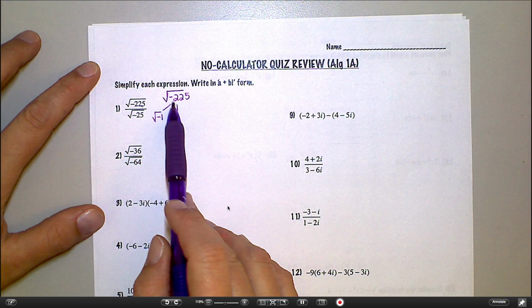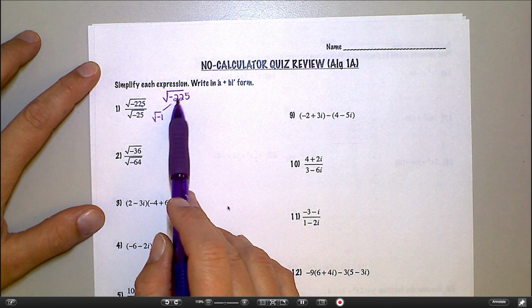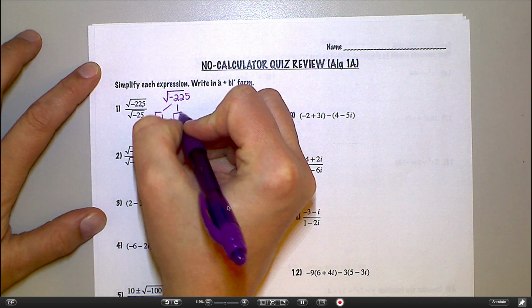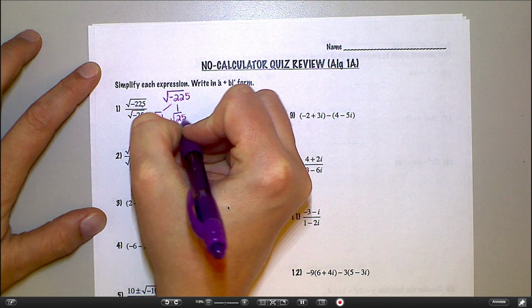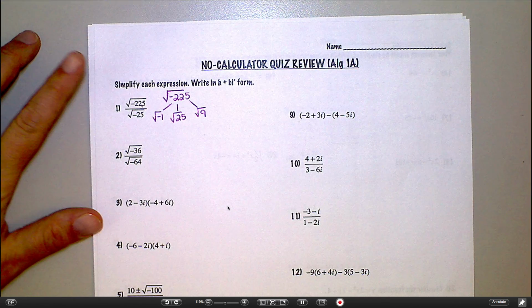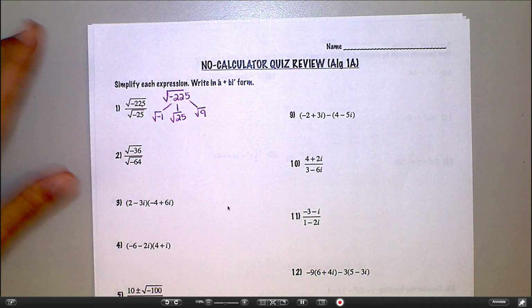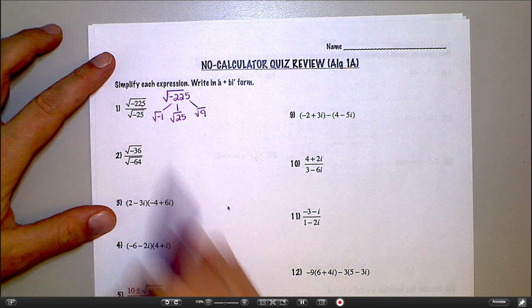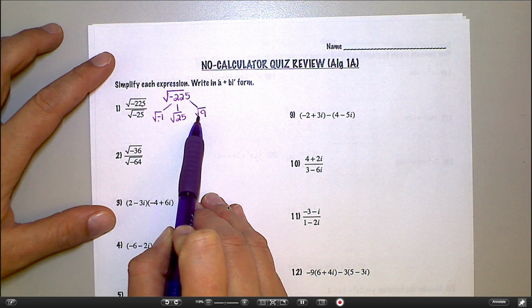So it would go into 200 8 times and then tack on one more 25 to get to 225. So 25 times 9 would give you 225. Okay, again, think about 9 quarters. You would have $2.25.